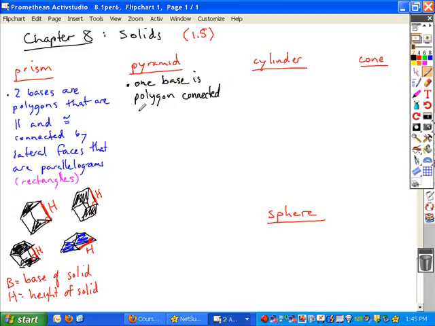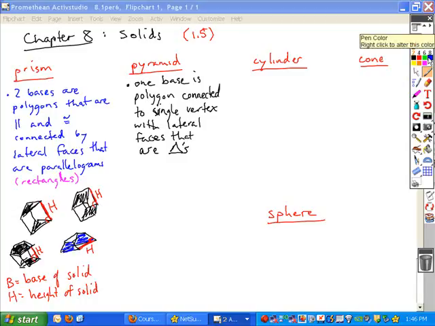And that polygon is connected to a single vertex with lateral faces. That are what shape? In this case, they are triangles.